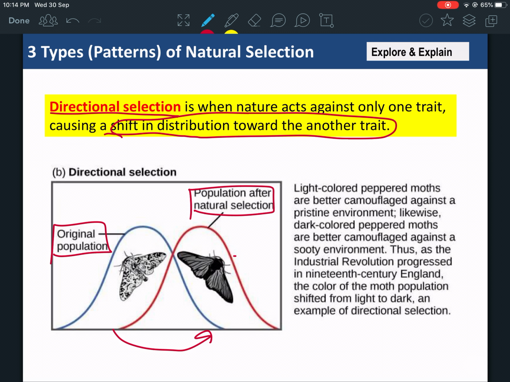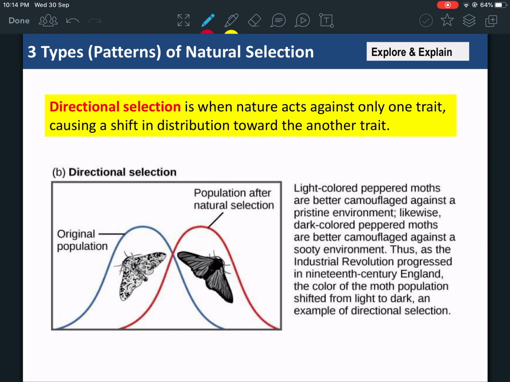Why does this happen? It's a whole story. We're going to see this twice, and we're going to do an activity about it. The light colored moths used to go on trees that were the same color as the moth. So this moth was able to hide, and the birds were not able to see it, so they were not eating it, because there are types of birds that eat moths.